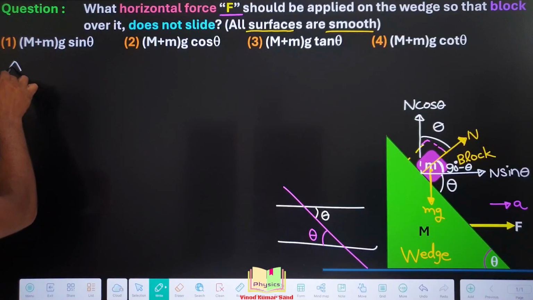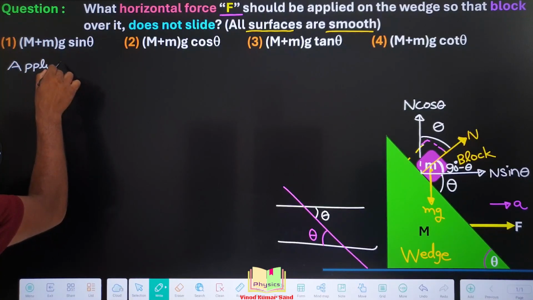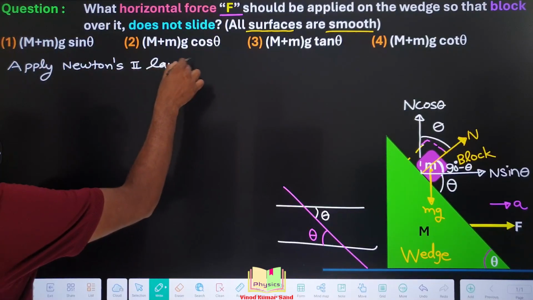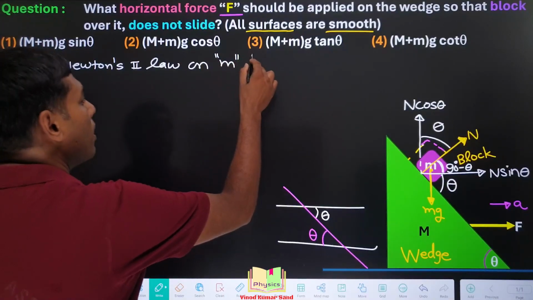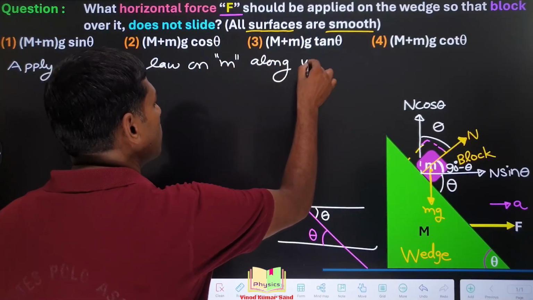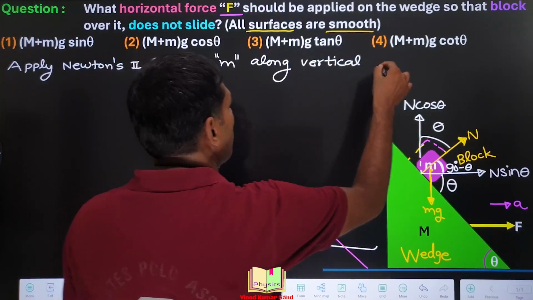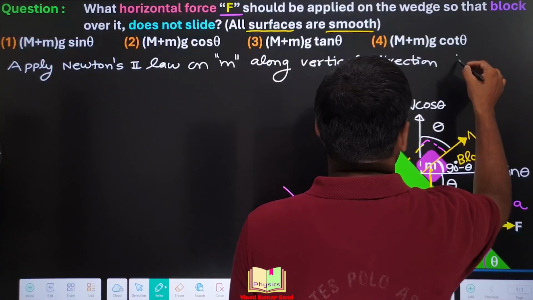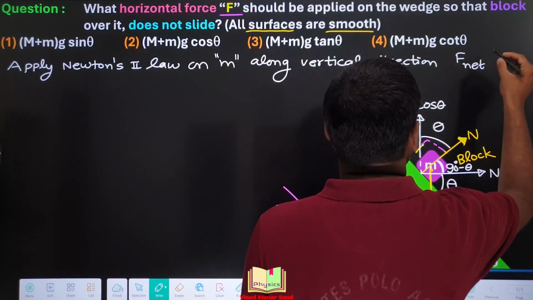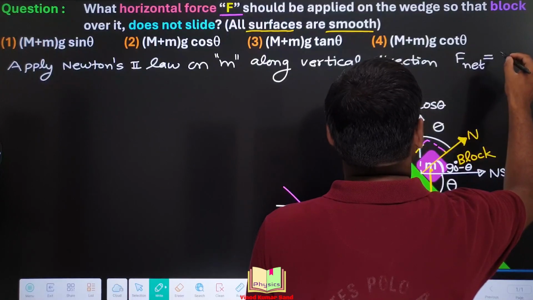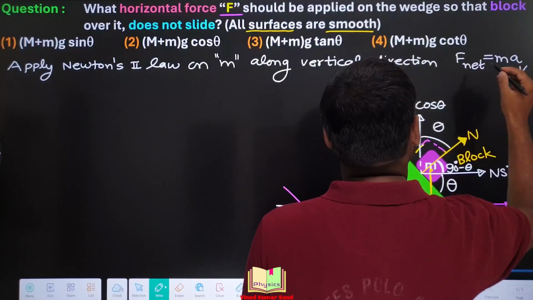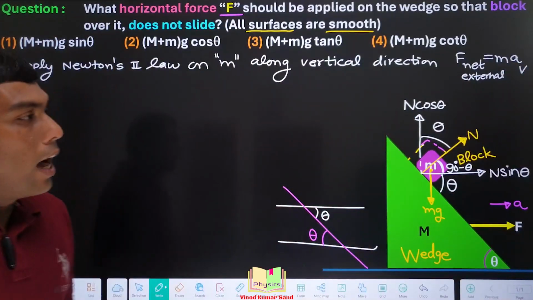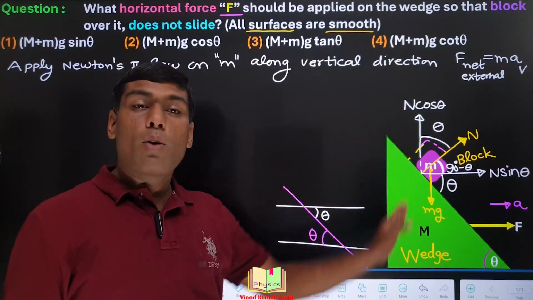Now, we apply Newton's second law on the mass small m along the vertical direction. We remember Newton's second law: the net external force is equal to mass times acceleration. Here F net is equal to mass times acceleration in the vertical direction, and we write the net external force. How much is the net external force on this small m in the vertical direction?